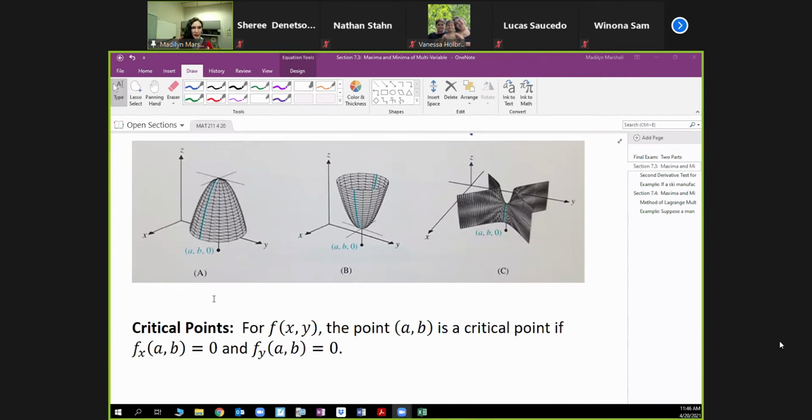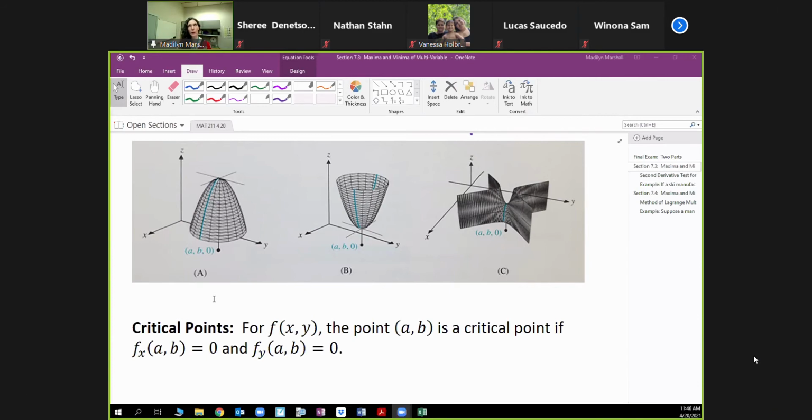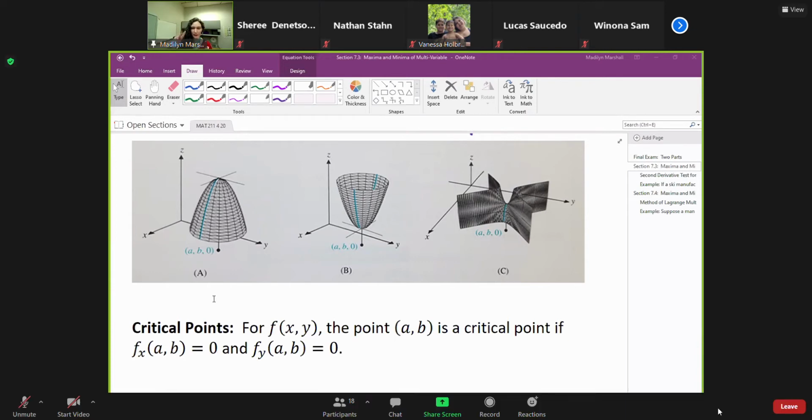So thinking back to when we were maximizing in chapter 4, critical numbers were where the derivative equals 0, or is undefined, but we're not going to worry about that in this chapter. So we have that same concept of what a critical point is here. It's going to be a point because we have an X and a Y coordinate here.